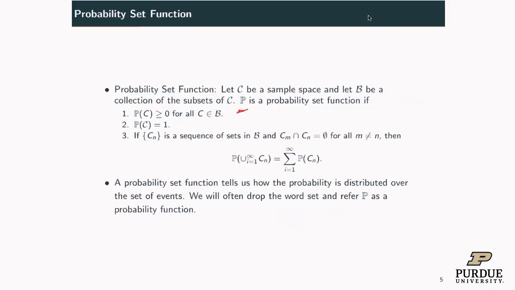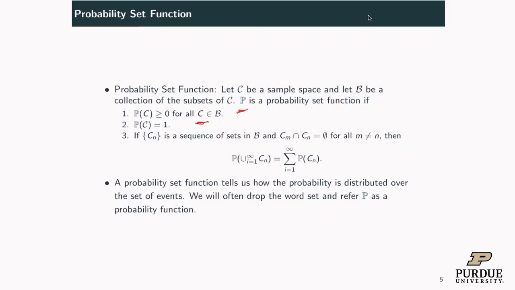It must satisfy these three conditions. First, the probability of any event C should be non-negative. So we don't talk about a probability being negative 200%. That's wrong. That's not a probability. Probability is always non-negative.